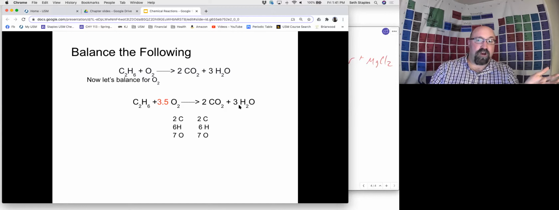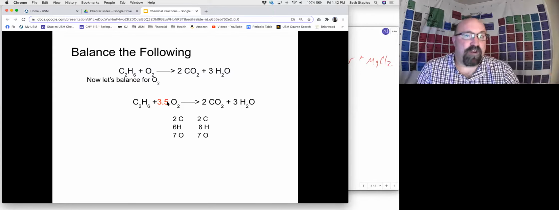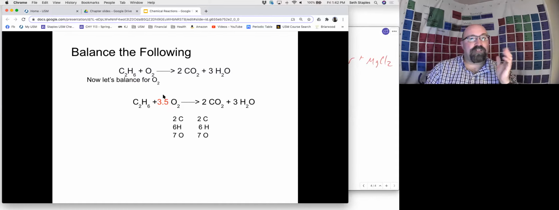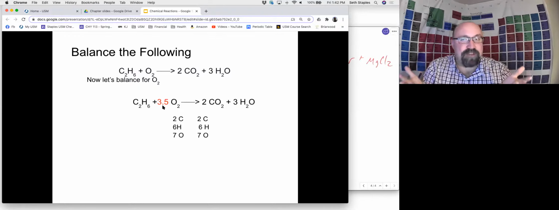We have our 7 oxygens over here, so if I could have 3.5 O2s, that would also give me 7 oxygens. If you reach that point, go ahead and put the 3.5 there to start out, understanding that you are going to need to adjust that. We'll keep it there as a placeholder for just a minute.